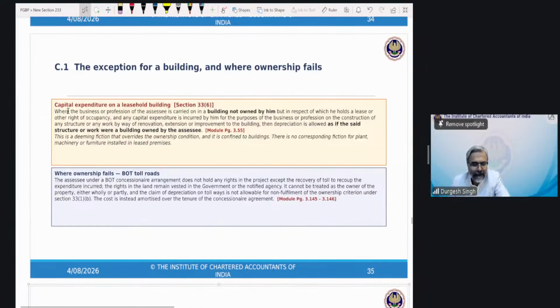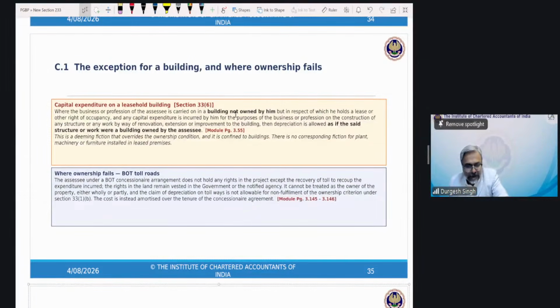You can just write in your notebook: Section 33, subsection 6, leasehold building. Building constructed on a leasehold land.